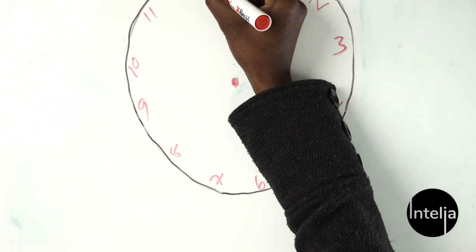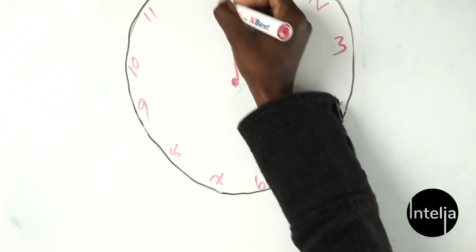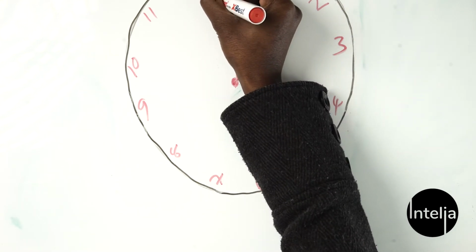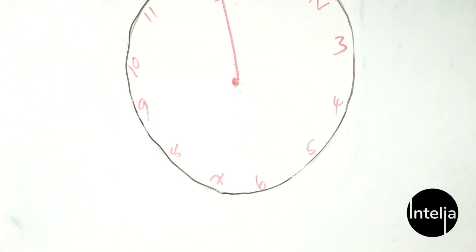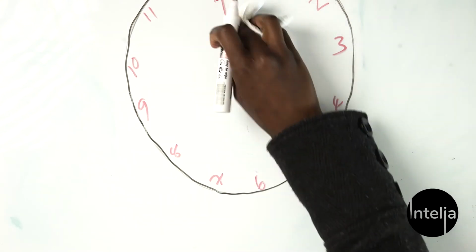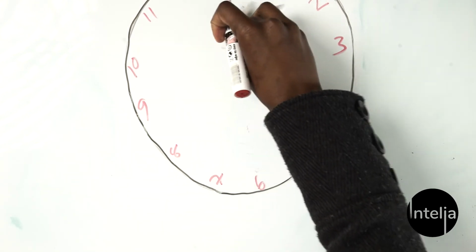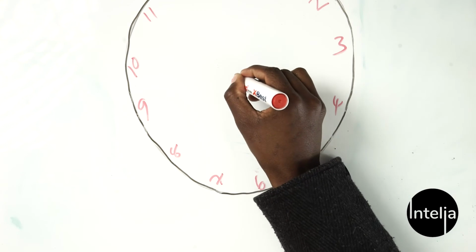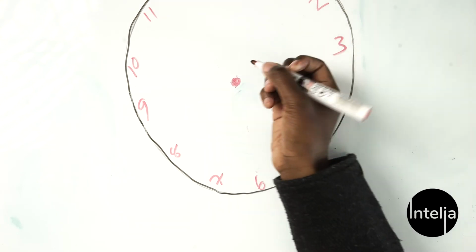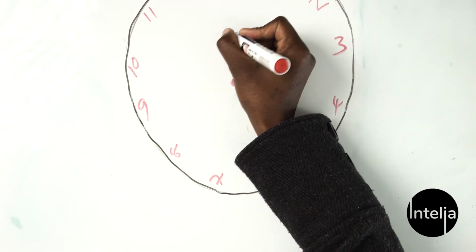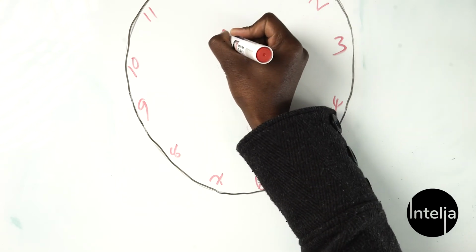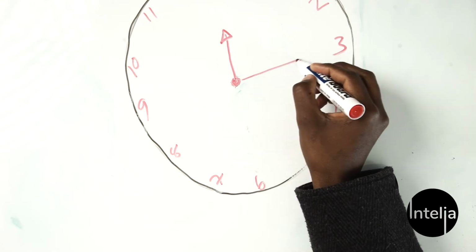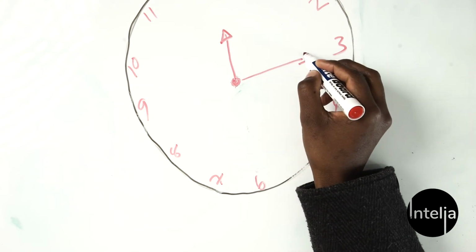See, the minute hand is pointing here at 12. Sorry, I mean the hour hand. Hour hand is pointing at 3 here. And then the minute hand is pointing at 3 here.